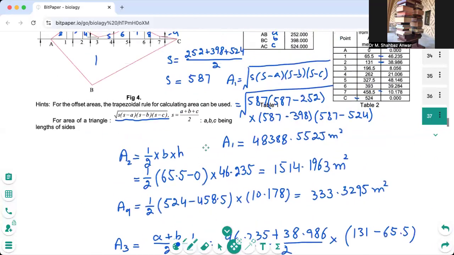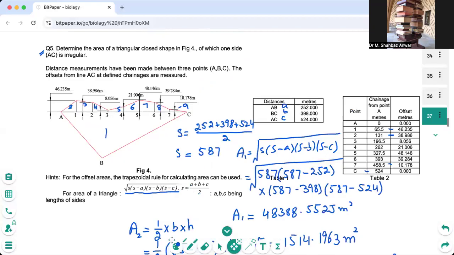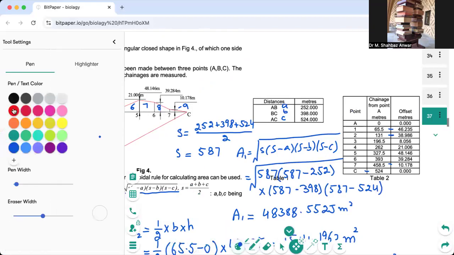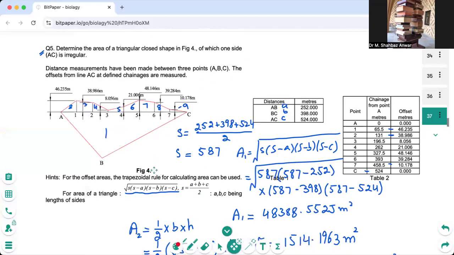So once again, I give you a very short briefing on how you can solve this question. Our question is to calculate the total area of this structure, and this structure is not a regular structure. We can divide it into different small regular structures.